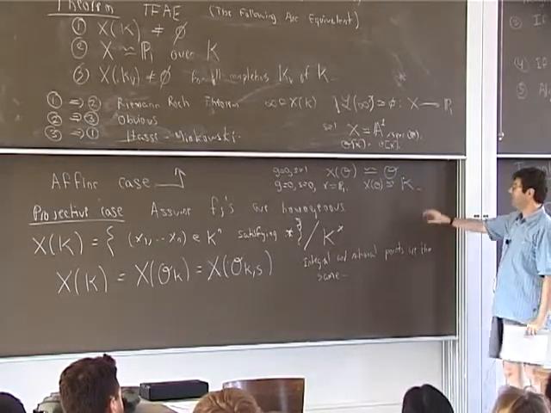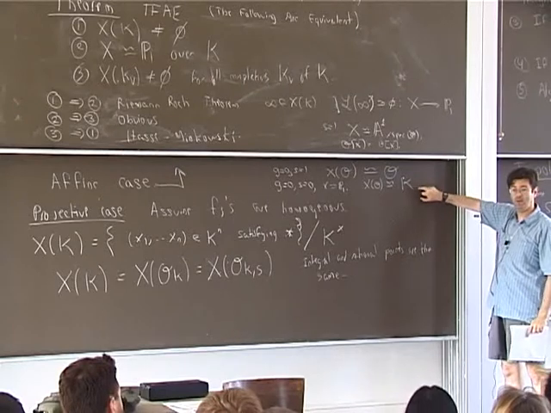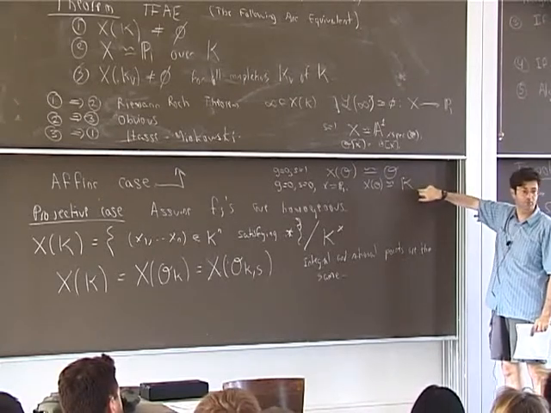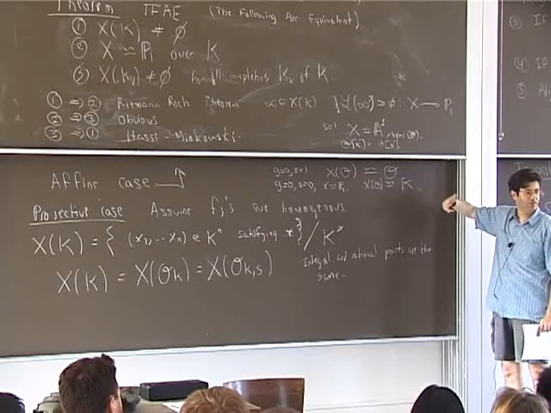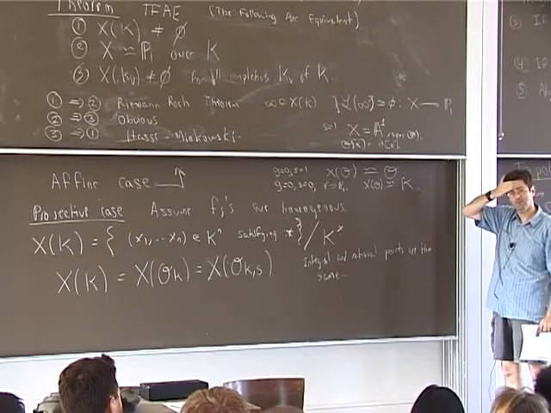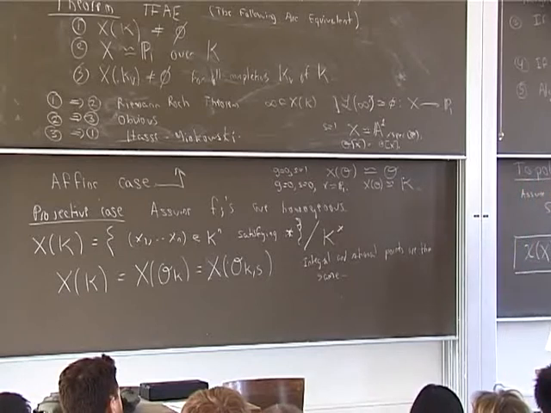So you can see that there are a lot more integral points on P1 than there are on A1. So removing this point actually places a strong constraint on the integral points. That's just the way that the definitions are made.